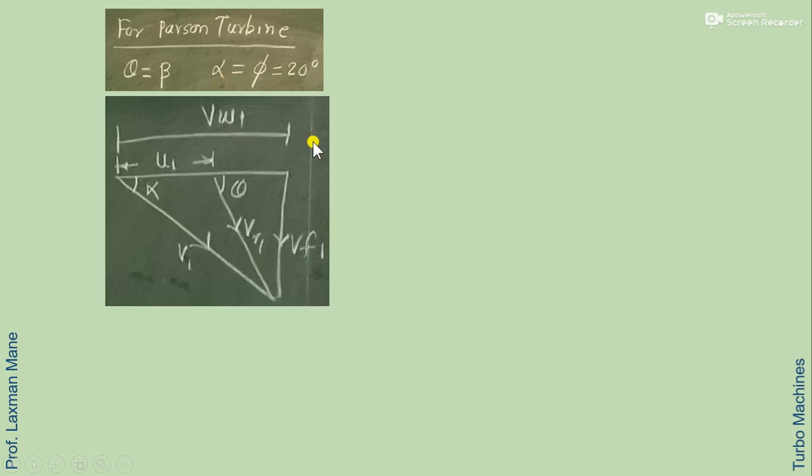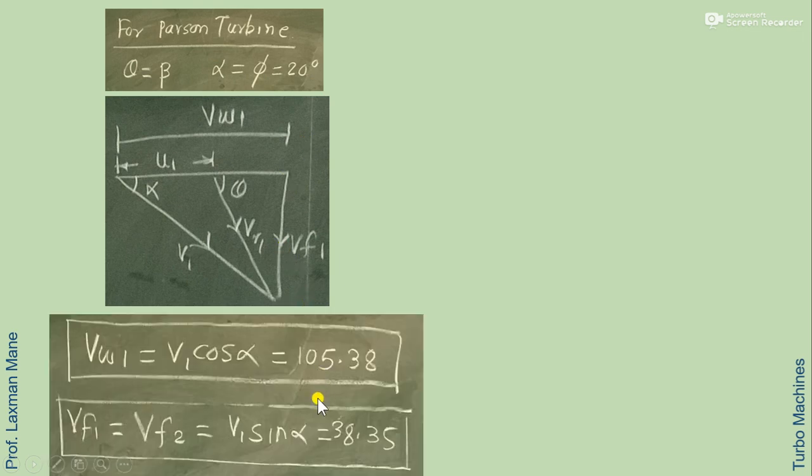Now the outlet blade angle is given as 20 degrees. So here alpha we have to take as 20 degrees in the further calculation. From the inlet velocity triangle, by using trigonometric relations, you can find the value of Vw1 and flow velocities.